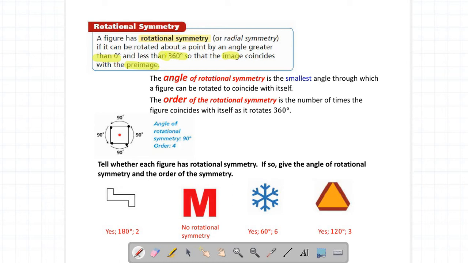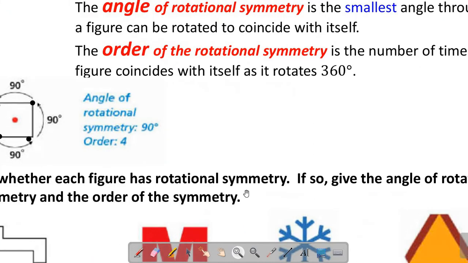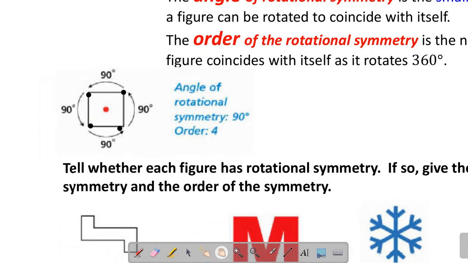The order of rotational symmetry is the number of times the figure coincides with itself. So right here, this square, let's get a close-up because this is easy to understand. If I had a square, I only have to rotate it 90 degrees, and then this red point gets in the same position as the blue point, and you have the same image.